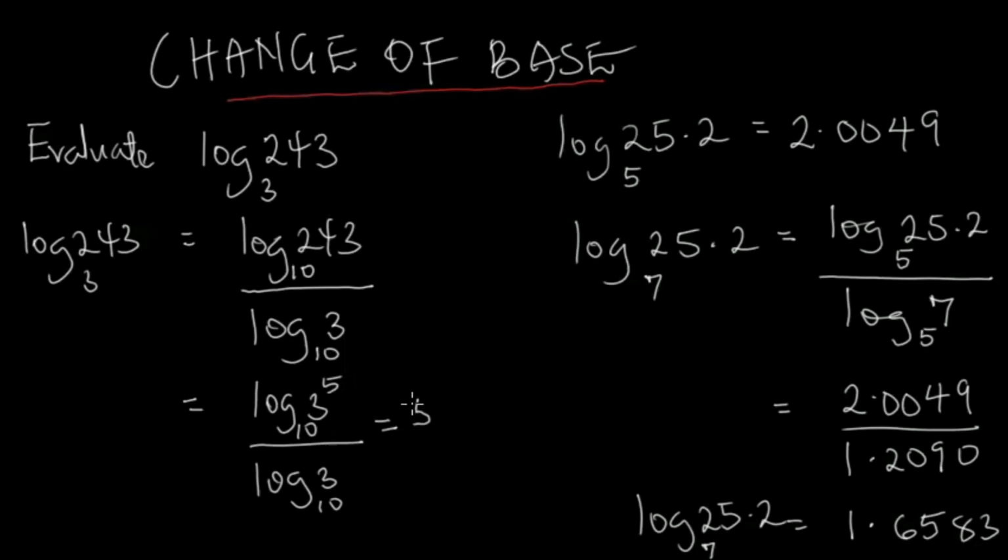So we're going to have 5 log 3 base 10, all over log 3 base 10. So 5 cancels, and log 3 base 10 cancels out, and our final answer is 5. So if you press log 243 base 3 on your calculator, you should get 5. So that is how change of base works.